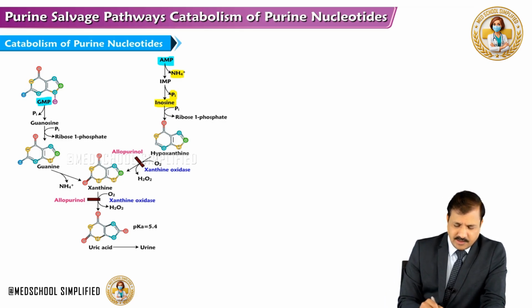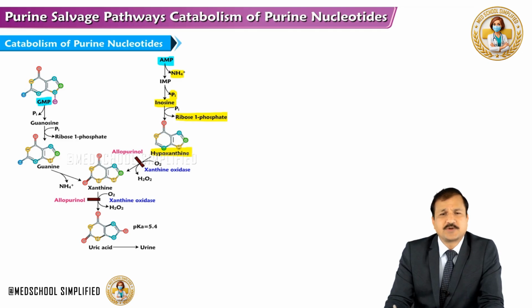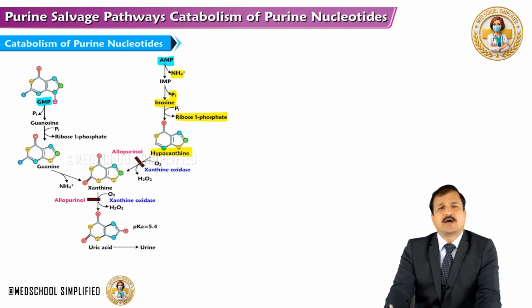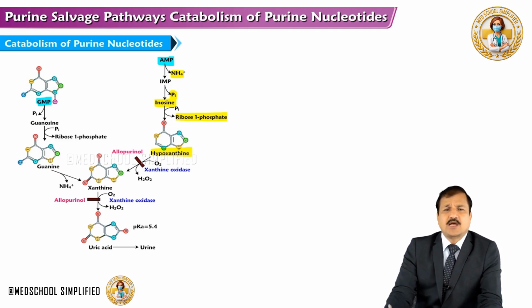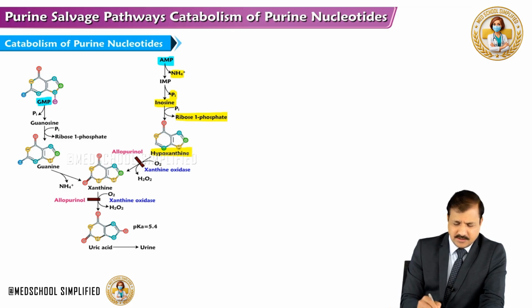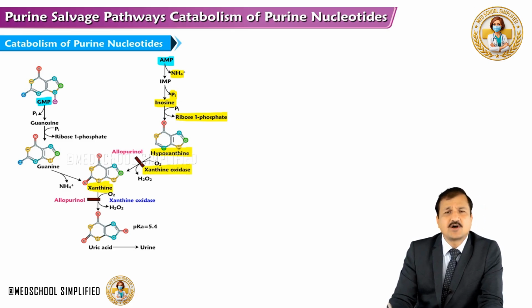Now the inosine will be converted into hypoxanthine upon release of ribose 1-phosphate. So the nucleoside is converted to base here. That is done by purine nucleoside phosphorylase enzyme. Now the hypoxanthine goes into xanthine formation, that is done by xanthine oxidase enzyme.